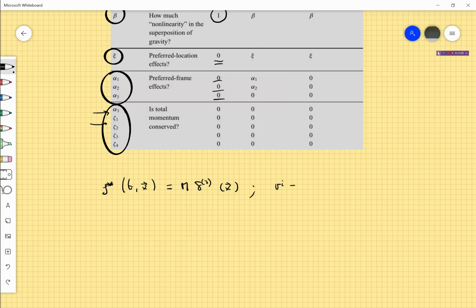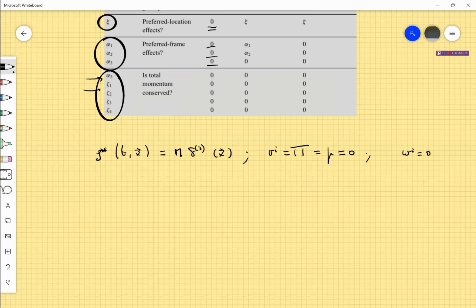The velocity vanishes, the internal energy vanishes, and the pressure vanishes. For simplicity, we are going to consider that there are no preferred reference frames, and in any case we would set omega equal to 0. This is just for simplicity because we don't want to consider the more general case, which could be too complicated.